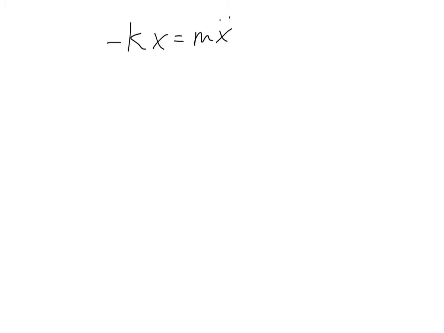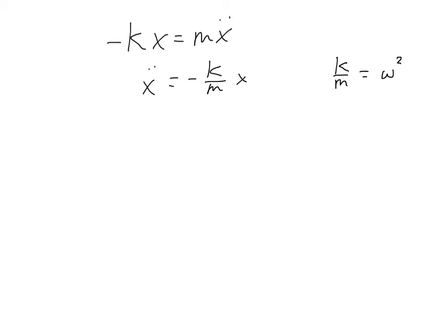One thing I'm going to do is a little bit of algebra and have the second derivative on one side and all the other stuff on the other. So x double dot is going to be minus k over m x. And I'm going to make this a little bit nicer: k over m, I'm going to give a particular label so I don't write it over and over again. I'm going to give it the label of omega squared.